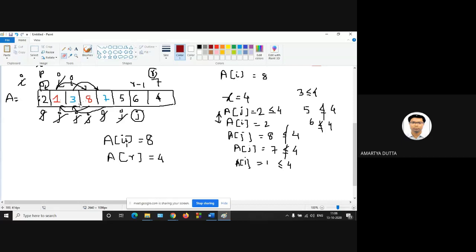So you have to exchange the 8 with 4. So this will be your 4 and this will be your 8. So this is the final exchange.